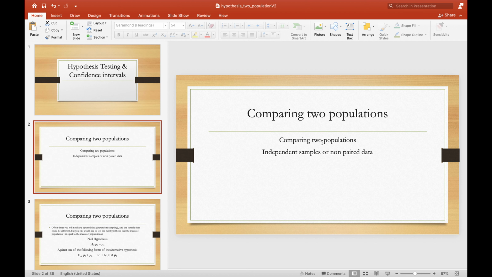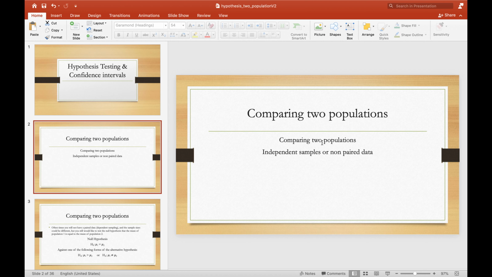A pairing situation might occur with twins, in which case it makes sense to compare individual observations. This is very hard because it requires equal sample sizes, because we need to have one individual to compare with the other person in the population. And that, as I said, is very, very difficult to do.